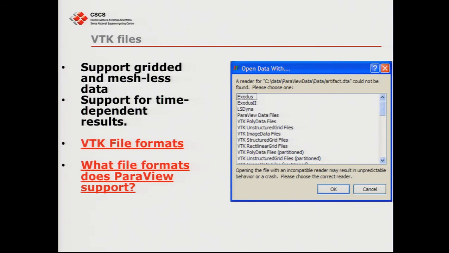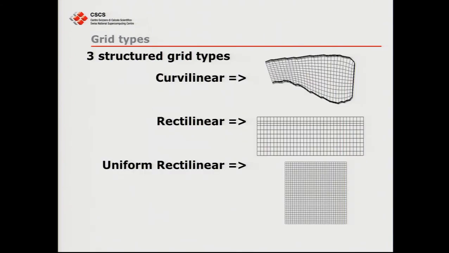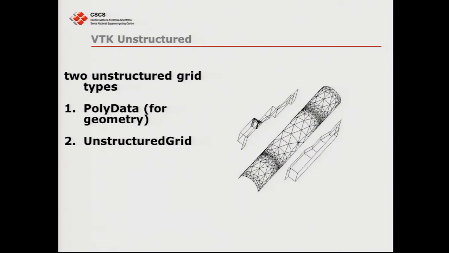The VTK file formats here are described if you follow those particular links. Basically, we have those types: curvilinear, rectilinear, uniform. We have two different types for unstructured data. Polydata, which is associated with geometry, and then the regular unstructured grid in terms of finite elements.